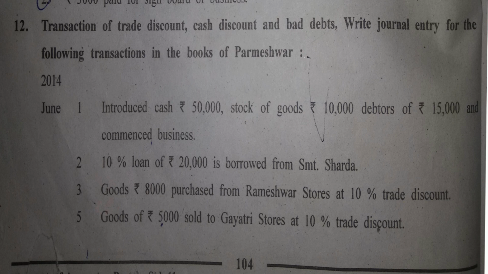is termed as capital. So the first journal entry is cash account debit 50,000, cash comes in, debit what comes in. Stock of goods account debit 10,000, goods comes in. Debtors account debit 15,000. Debtors are the customers, the people from whom you have to collect an amount for credit sale of goods.